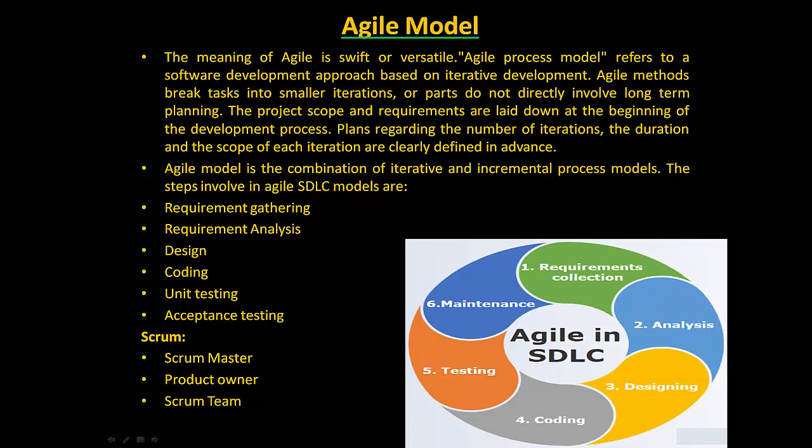The steps involved in the SDLC models are requirement gathering, requirement analysis, design, coding, unit testing, and acceptance testing. Here you will have a Scrum Master. The Scrum Master is responsible for delivering the product.